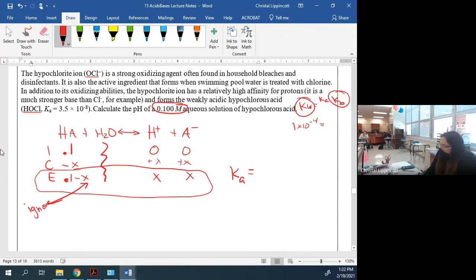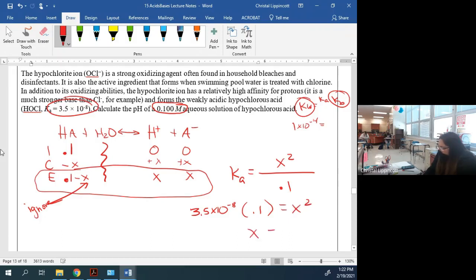All right. So now I'm going to set up my Ka value. I'm going to have x squared, because x times x is x squared, over 0.1. And they gave me the Ka value here, so I just plug that in, and then we can chug, right? Plug and chug. So 3.5 times 10 to the minus 8 times 0.1 is going to equal x squared.